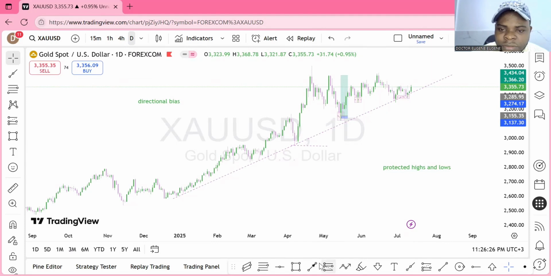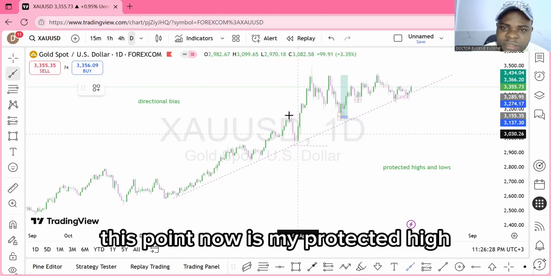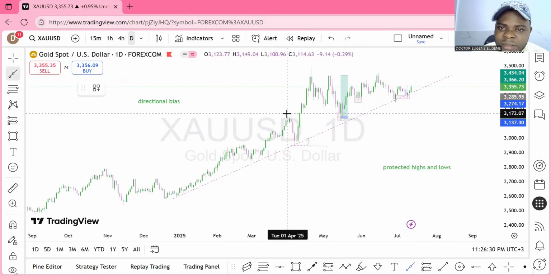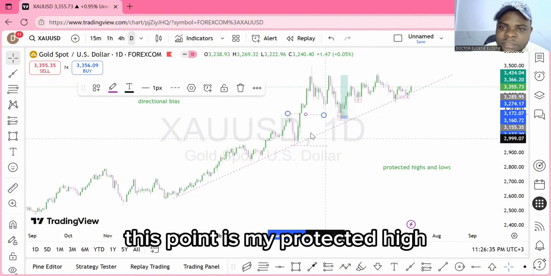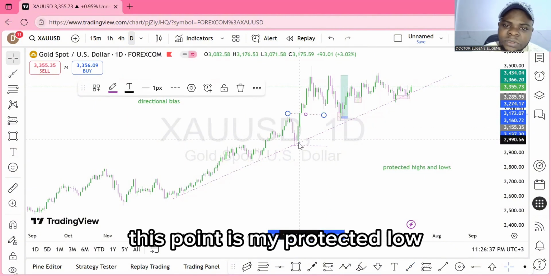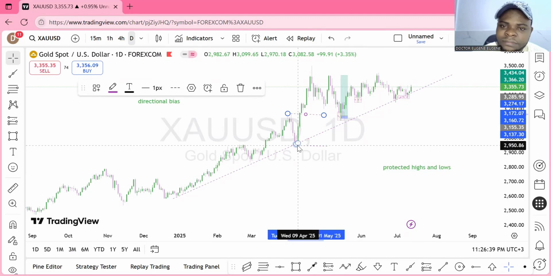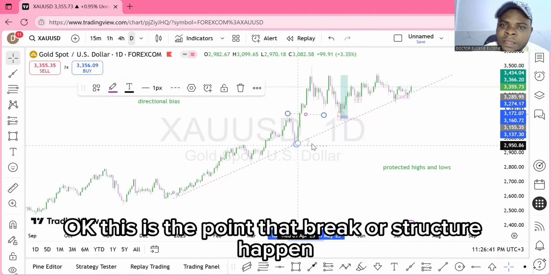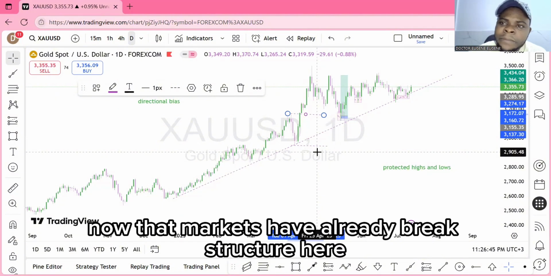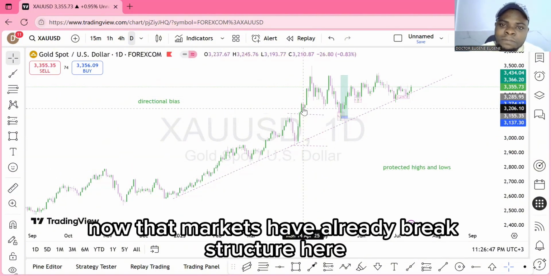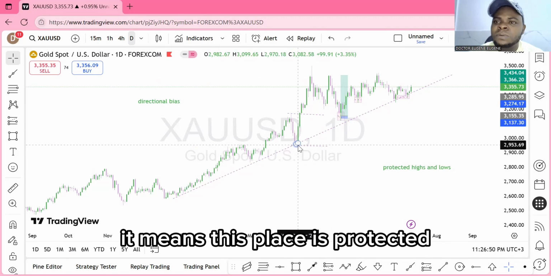This point now is my protected high. This point is a protected high. This point is my protected low. This is the point where the break of structure happened. Now that the market has already broken structure here, it means this place is protected.